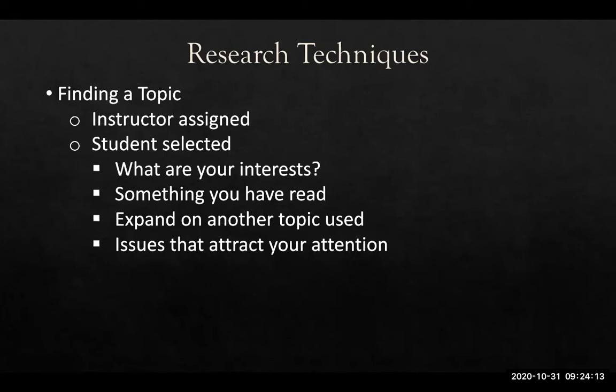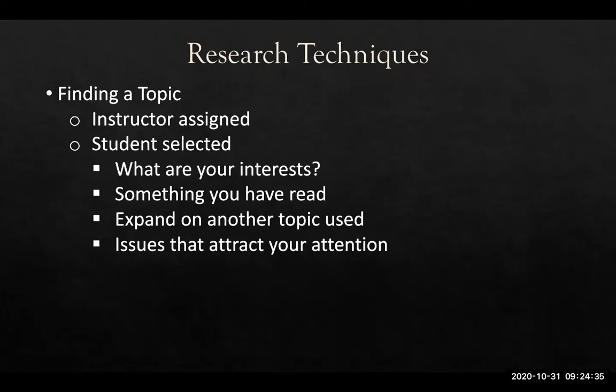One of the things that I want to make sure that I get across is make sure that your topic is narrow enough that you can write about it and that you are able to find good information on it. Unfortunately, I think some individuals take their topic and it's too broad.